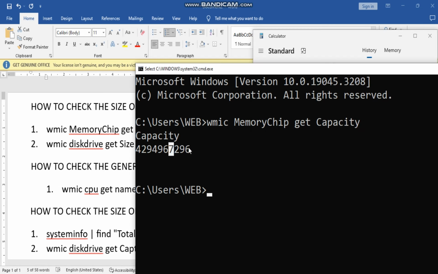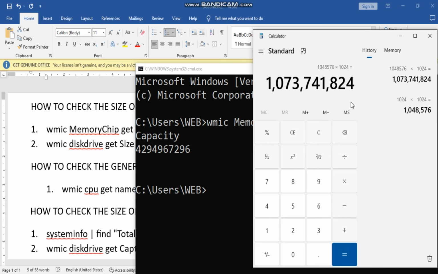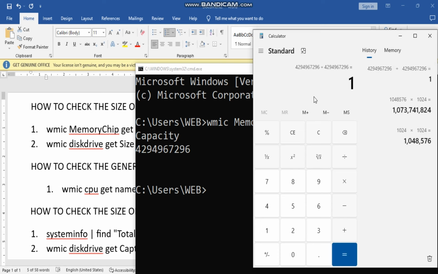So if we take these digits and paste them in the calculator, then divide by 1,073,741,824, it means your computer has 4 GB of RAM. So this one is 4 GB of RAM.